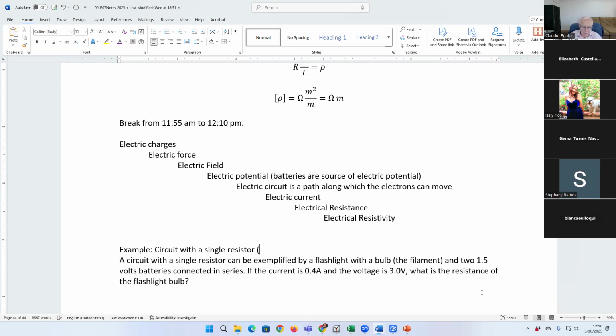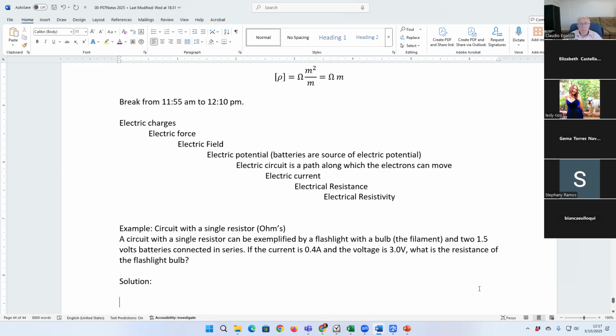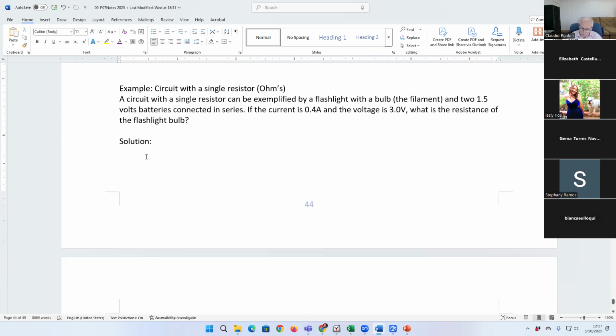And Ohm's law. That's going to be one of the simplest problems that we'll ever see that applies Ohm's law. Solution. Okay, so let's start with Ohm's law, V equal to Ri.